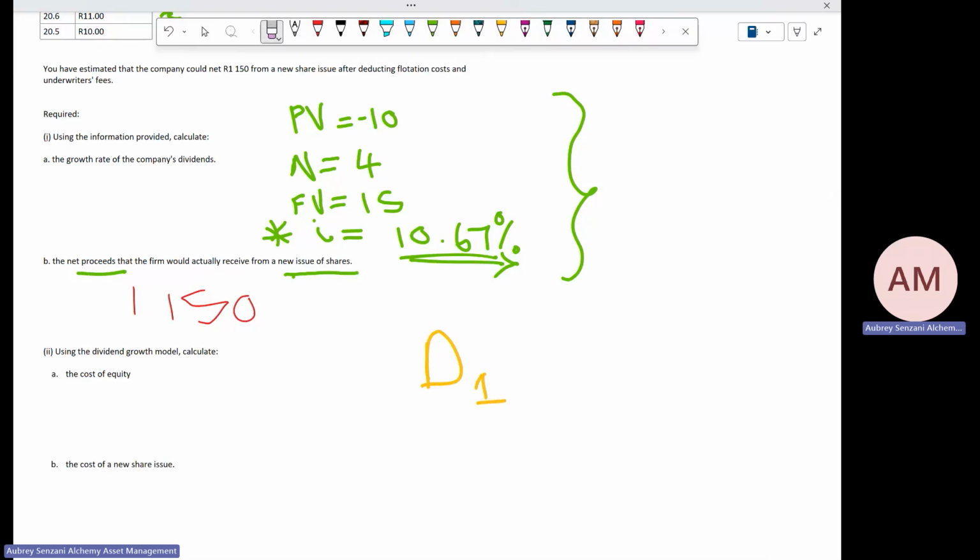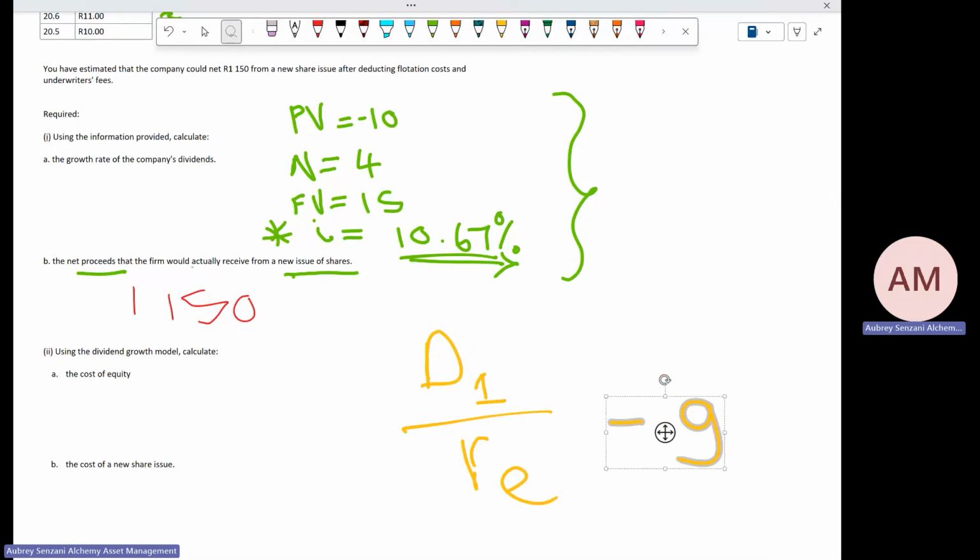You said D1 over K, being RE, right? Or your return, right? And then you said plus the growth rate or equals to the growth rate? Minus the growth rate.